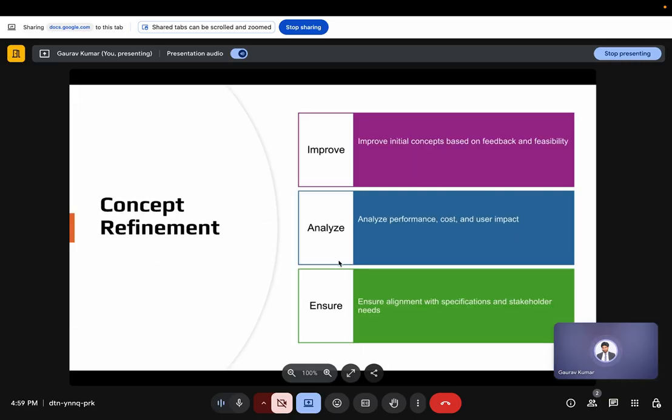So the concept refinement. Refinement improves the coherence between requirements and the concept. So we tighten the assumptions, reduce the risk, and clarify the interfaces.